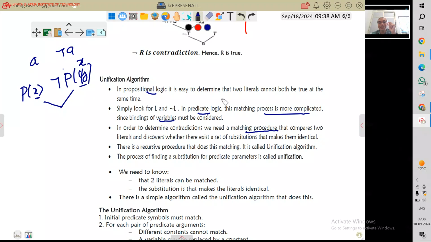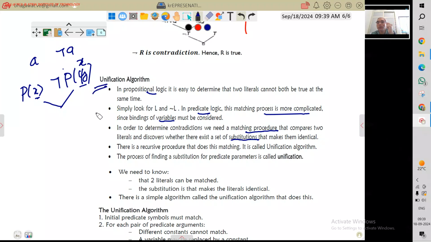This particular substitution or matching procedure compares two literals and discovers whether there exists a set of substitutions that makes them identical. If I want to make both identical, I have to substitute X in place of Y, wherever Y is there. Then only can I do the matching. This is called unification.